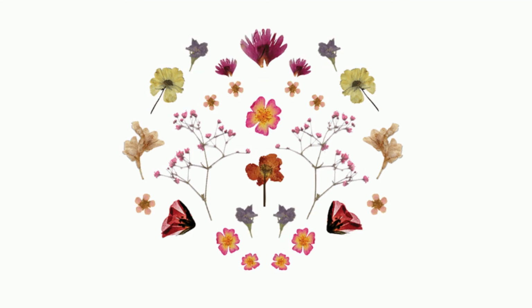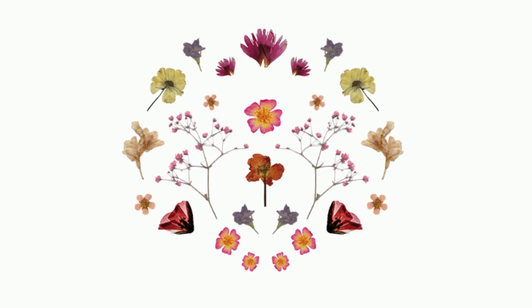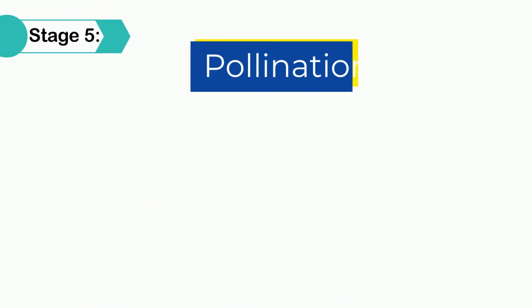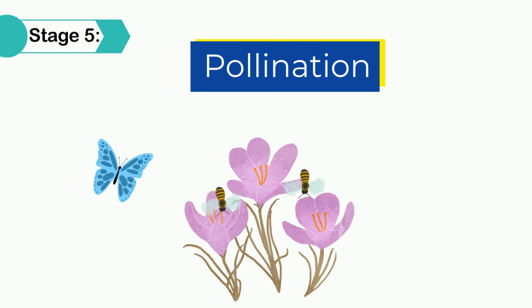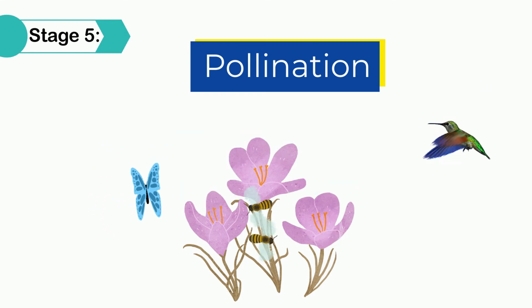Stage 5. Pollination. The flowers attract insects and birds like honeybees, butterflies, and hummingbirds. These are tiny grains inside a flower called pollens.